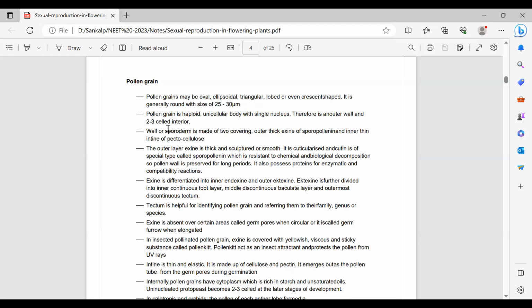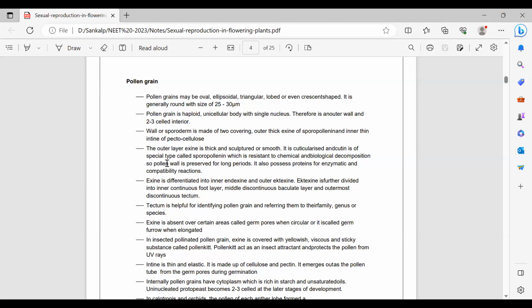The pollen wall, also called sporoderm, is made up of two coverings: outer thick exine of sporopollenin, and inner thin intine of pectocellulose. The outer layer exine is thick and sculptured or smooth.